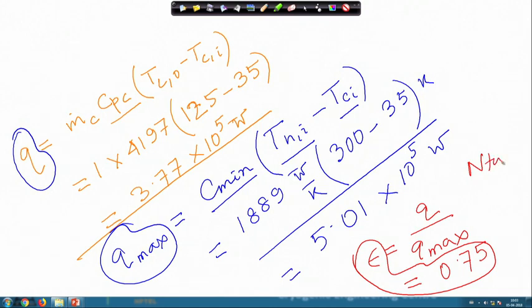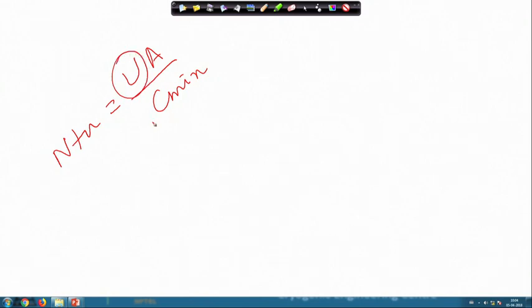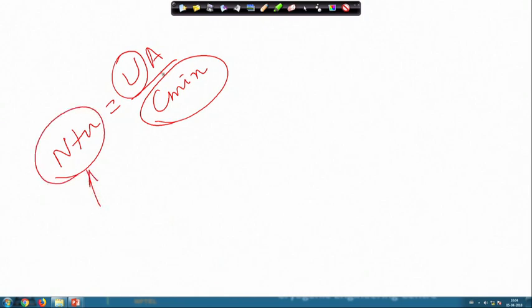So, once we know the NTU, NTU is given as U A by C min, and we have already been told about the U and C min we have already calculated, and if we can estimate the NTU, then we will be able to find out the A. Now, we already have the knowledge of epsilon to be 0.75.